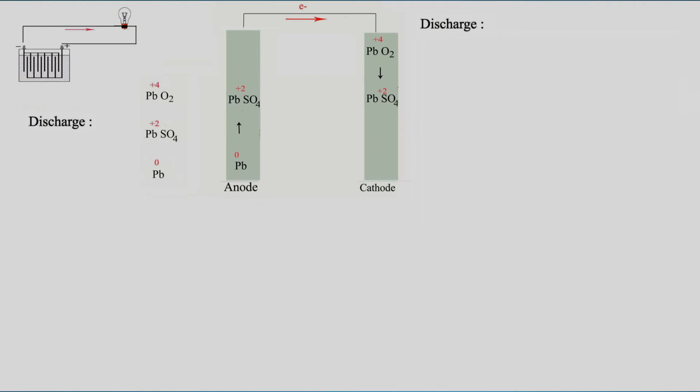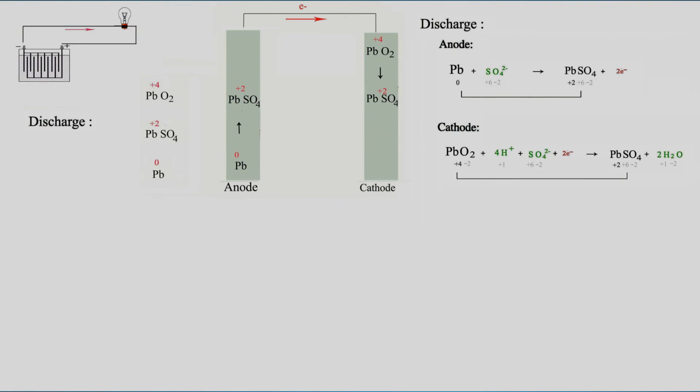Now let's look at the formula. Look at the anode. Pb becomes PbSO4. Look at the cathode. PbO2 also becomes PbSO4. If I add these two equations together, Pb plus PbO2 becomes 2 PbSO4.